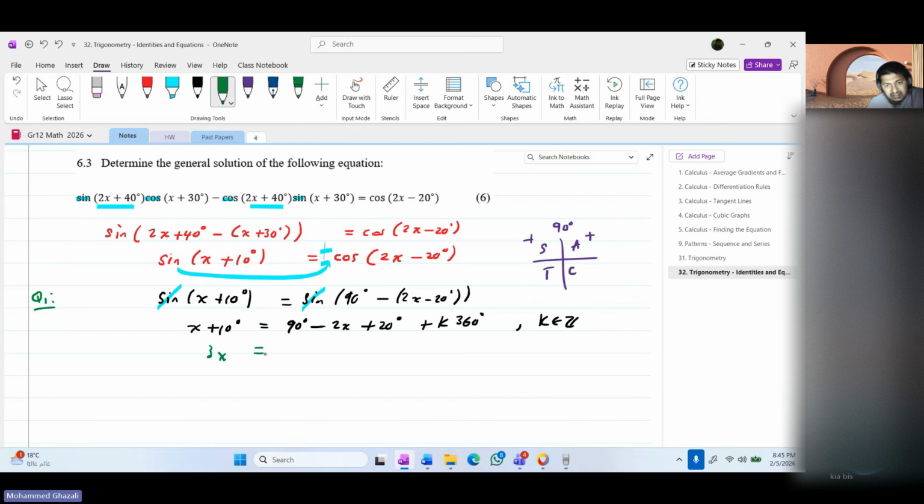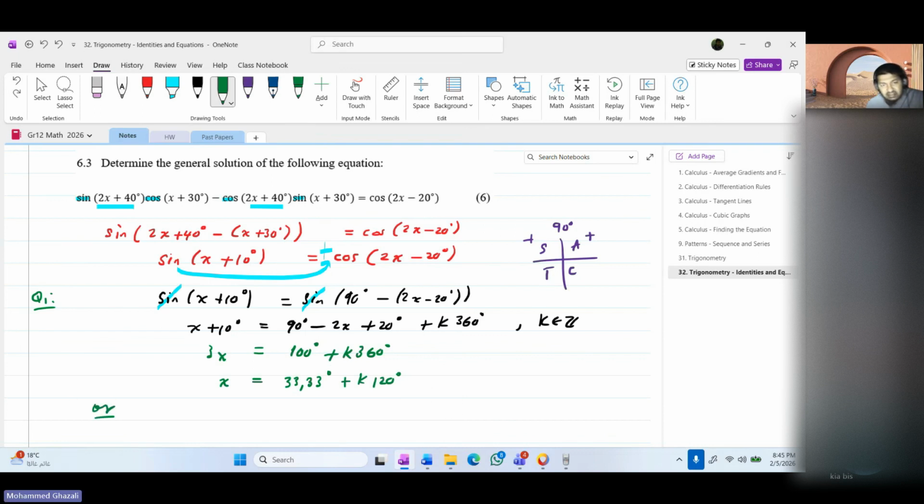We will get 3x equals 90 plus 20, that is 110, minus 10 is 100, plus k 360. Divide everything by 3. 100 divided by 3 is 33.33 degrees plus k 120. So this is one answer.